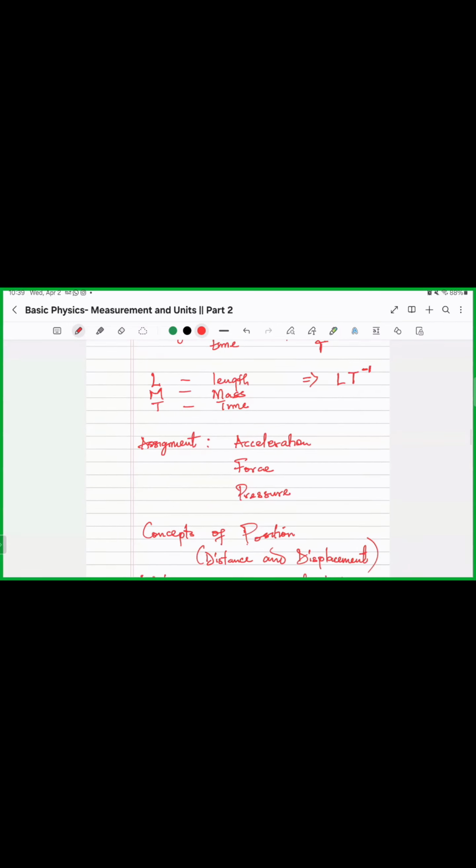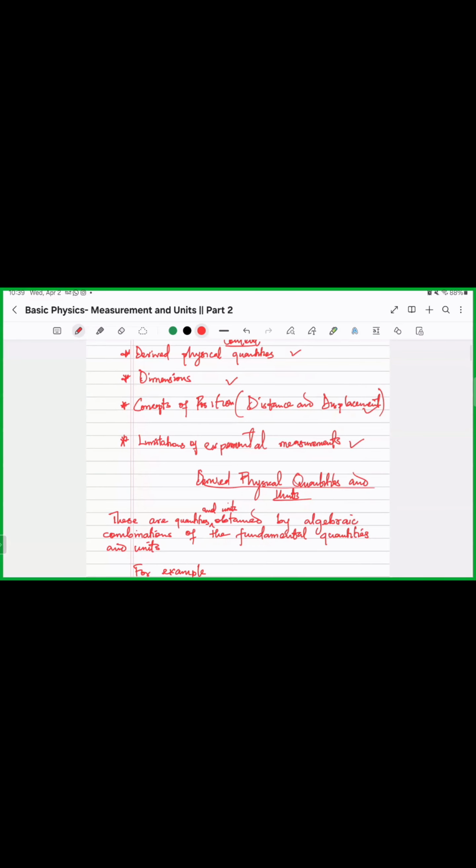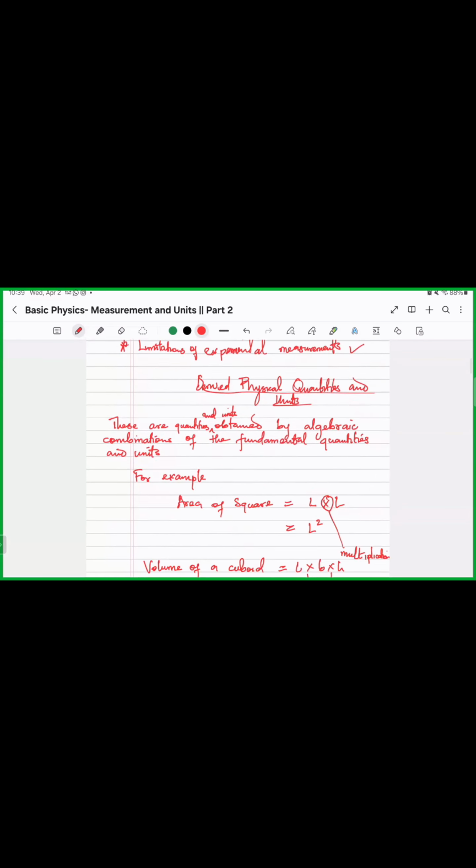Now, the discourse on limitations of experimental measurement. Under that area, I'll talk about percentage error, errors, and approximation.